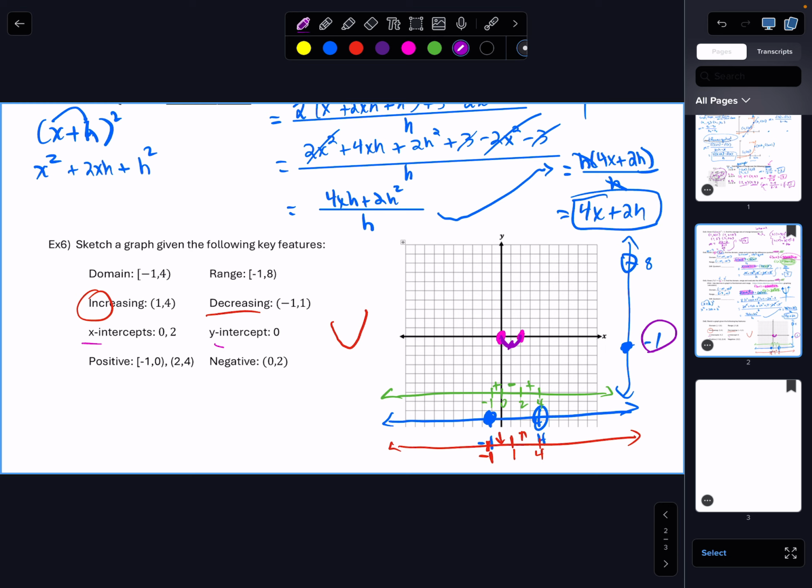It could be anywhere in here, as long as it starts on the vertical line, -1, that could be looking different for different people. But it can't go to the left of -1, and it can't go higher than 8. And then it keeps increasing after 1 and it has to go as high as 8.